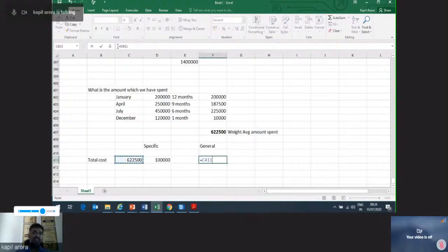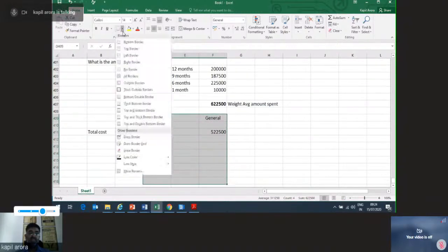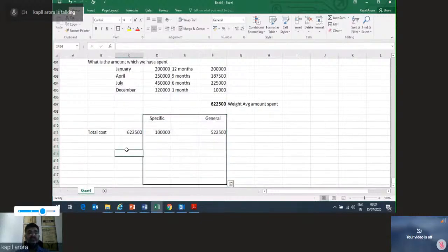From general we have taken 622 minus 1 lakh. I hope this is okay with everyone. Right? So for specific we take 1 lakh, and for generic we take 522, which is the rest of the amount.